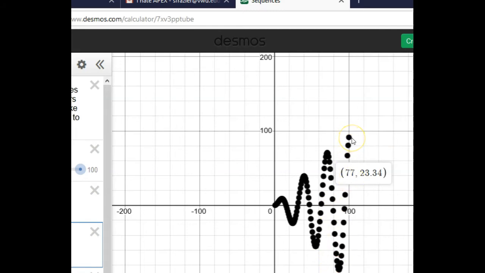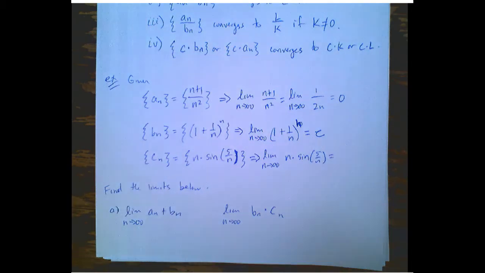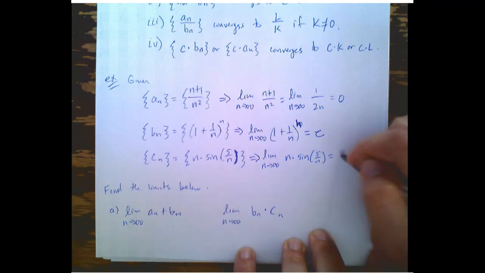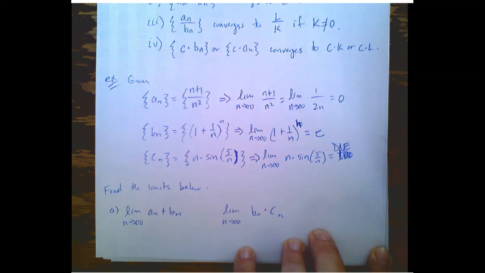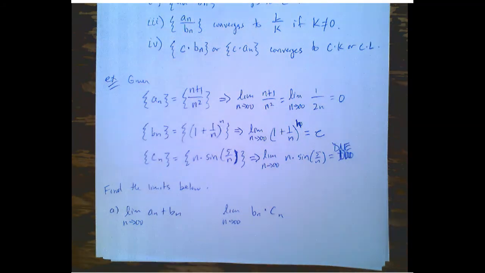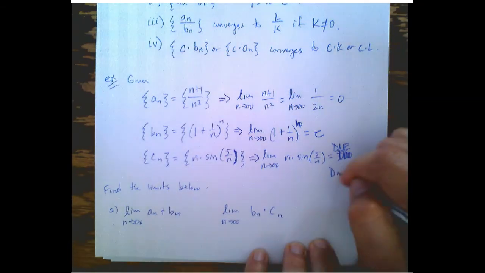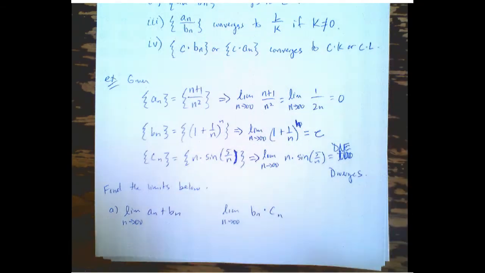We can assume this trend is going to continue forever and ever. So this sequence will diverge. This is plus or minus infinity. In fact, it does not exist because of the alternation. So we say this diverges.